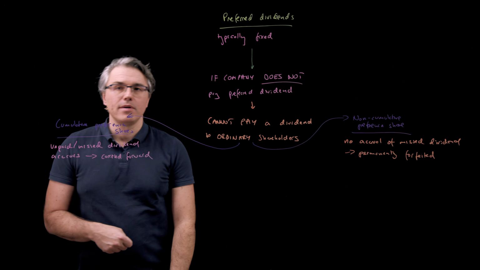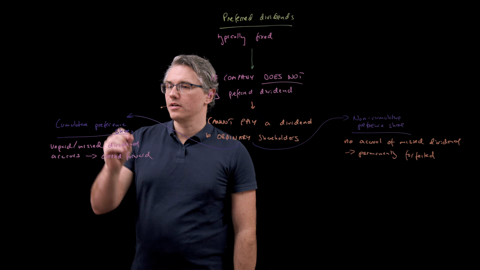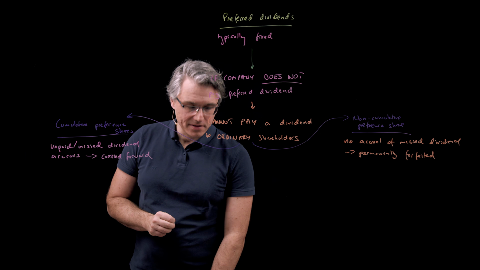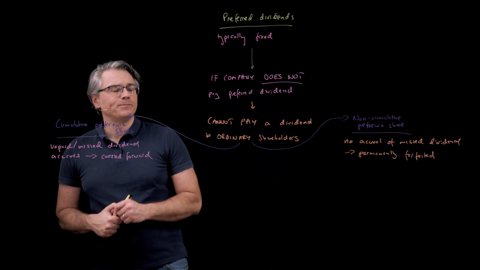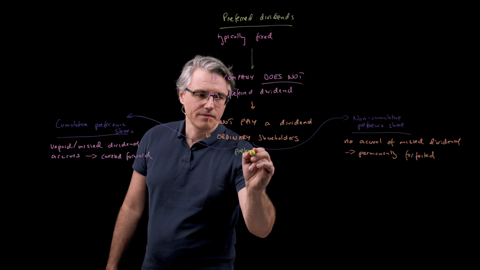Okay, so from a shareholder perspective, investor perspective, in preference shares, cumulative is definitely the preferential, the better type. So these are two types of preference shares.